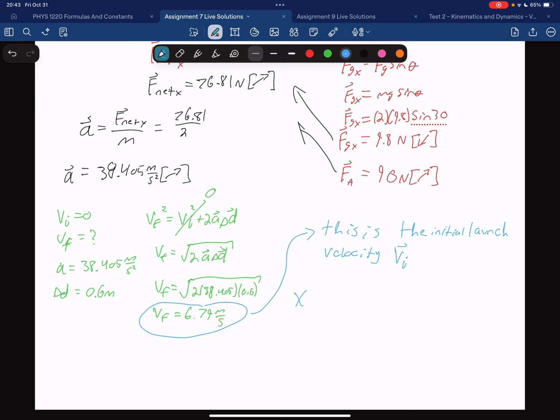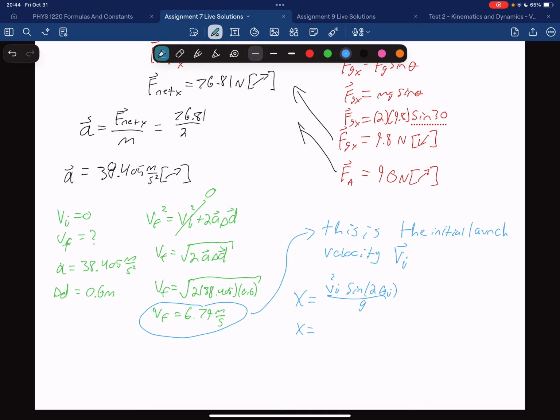So for our range, VI squared sine 2 theta I over G gives us our final answer here.